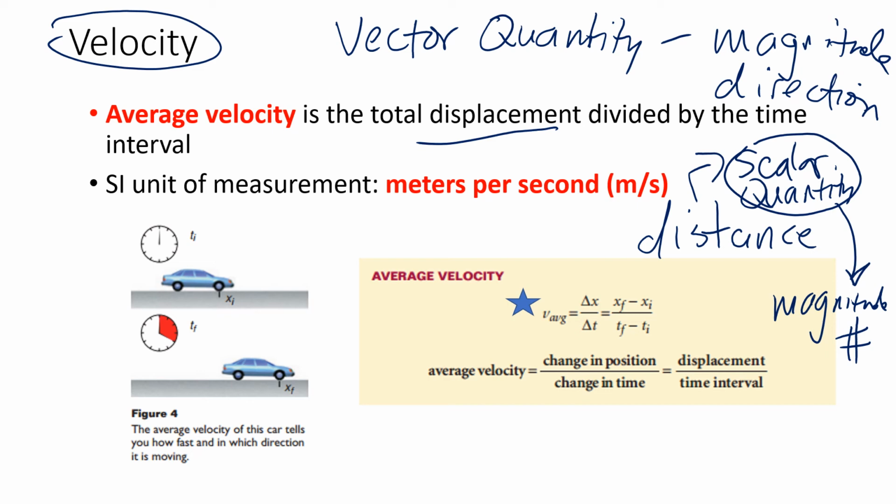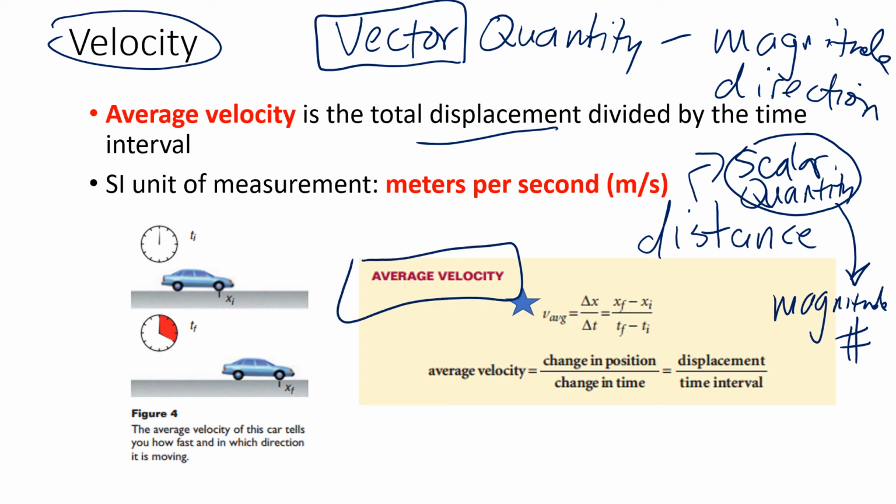Velocity is a vector quantity because it looks at how fast something is going, but also in which direction it is moving. Average velocity is the change in position, or the displacement, divided by the change in time. You can see that it's delta x, the change in position, divided by the change in time, delta t.